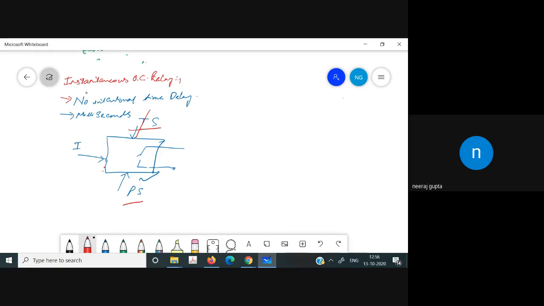Now let us consider what the characteristics of this particular relay are.